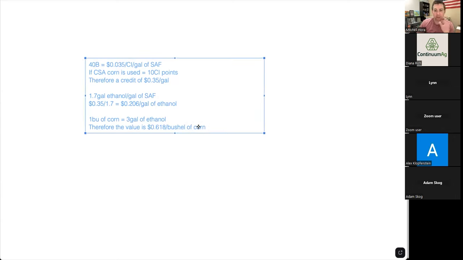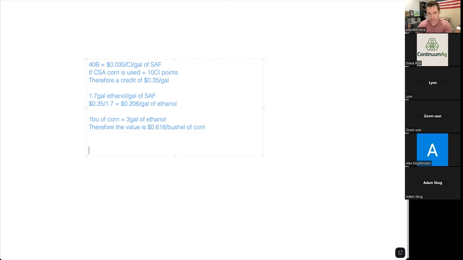So if we take the 20.6 cents times 3, that's 61.8 cents per bushel of corn produced. That's the total value of the tax credit, 61 cents per bushel of corn.